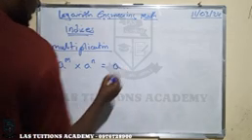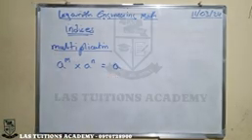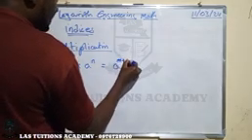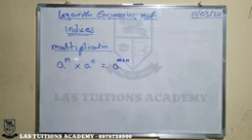We write the same base, then what do we do with the powers? Brandon, what do we do with the powers? Correct. We add the powers, so we're going to have a to the power m plus n. That's what we do under multiplication.